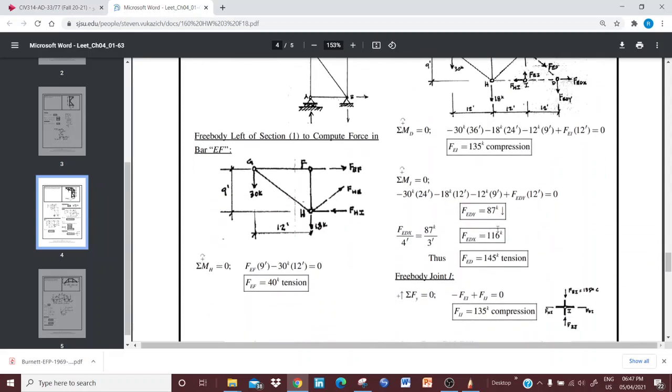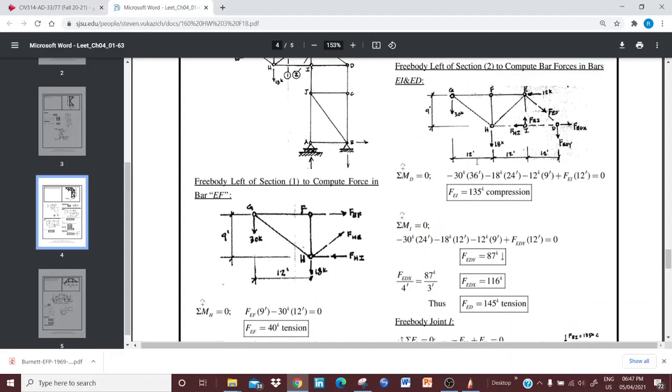I'm astonished actually they didn't find HE. They found IG, but HE they didn't find. They need to find HE actually.